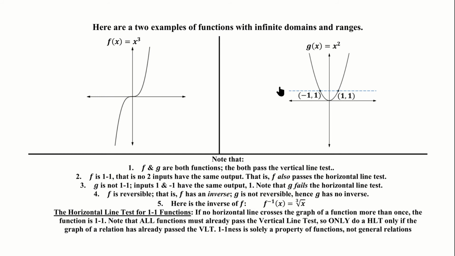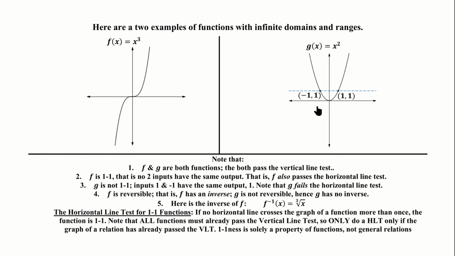Notice that in the case of x squared, we have two inputs, namely -1 and 1, that have the same output. What this translates to graphically is the fact that if I were to draw a horizontal line, then it would cross the graph of x squared twice. This is a very simple test for telling whether a function is one-to-one or not.